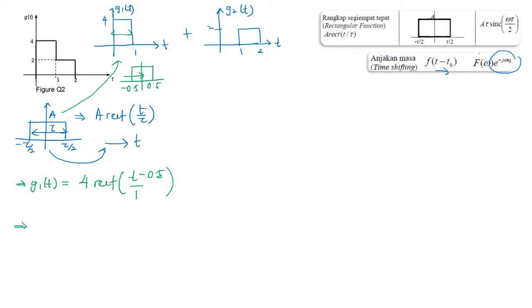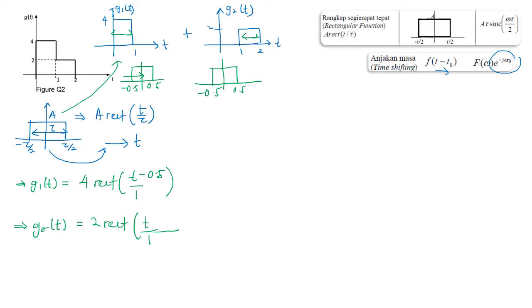And g2(t) equals, the magnitude is 2, rect(t) with the width still 1, divided by 1, but the signal again has been shifted. The width is 1, so originally it spans 0.5 and negative 0.5.